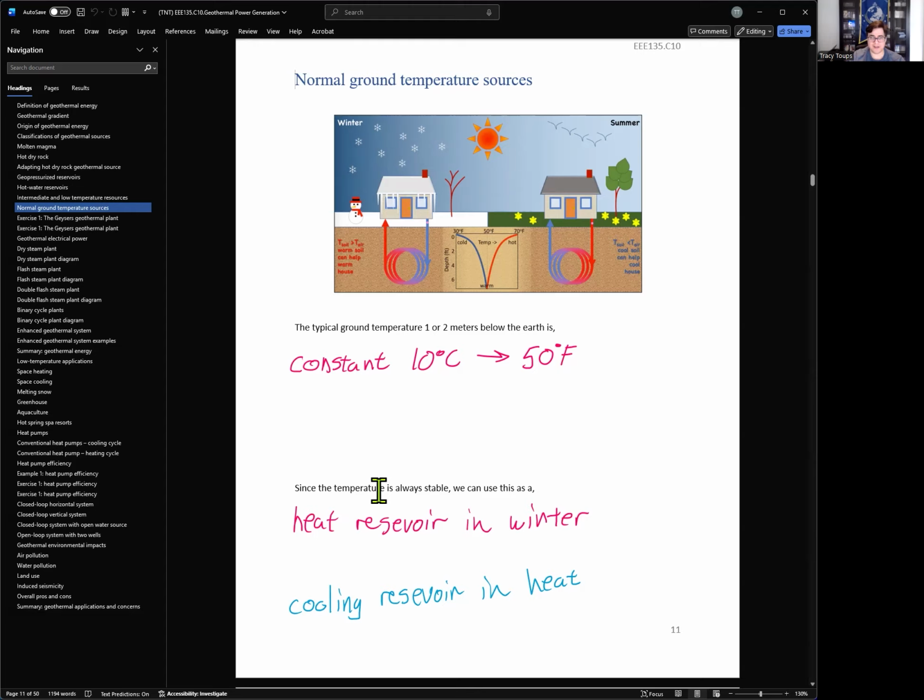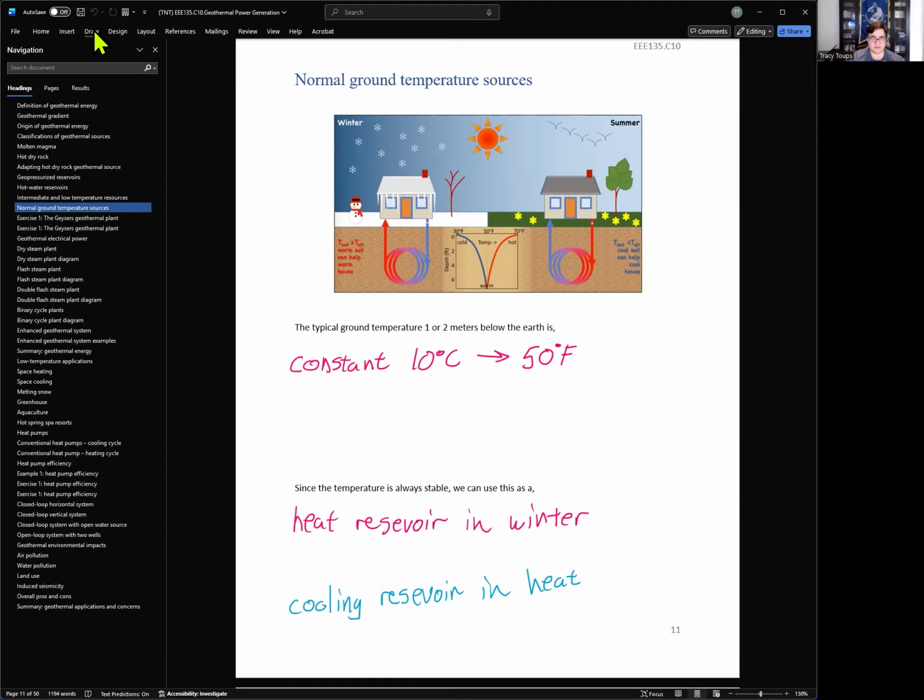Since the temperature is always stable underground, we can use this ground temperature source as a heat reservoir in the winter, so we could pull heat from it. And in the summer, it's a cooling reservoir where we could pull cooling, right?